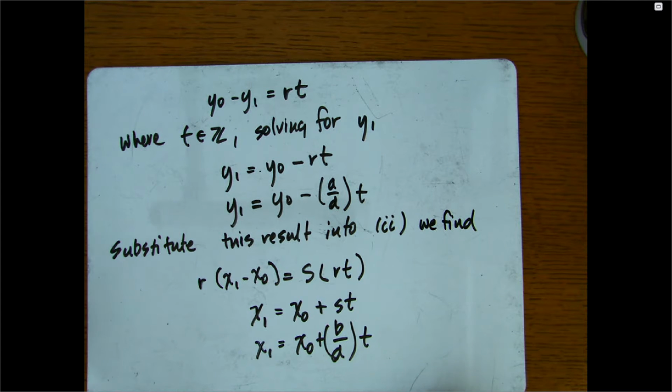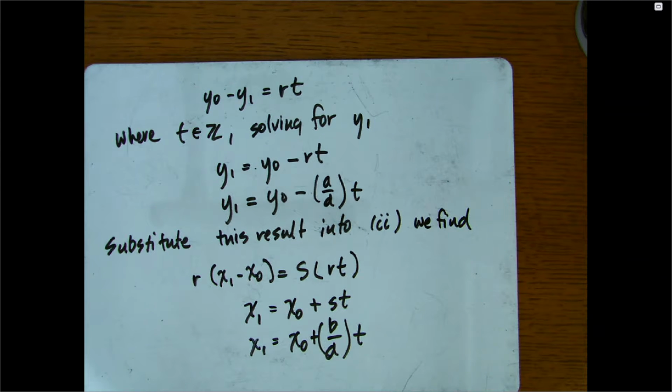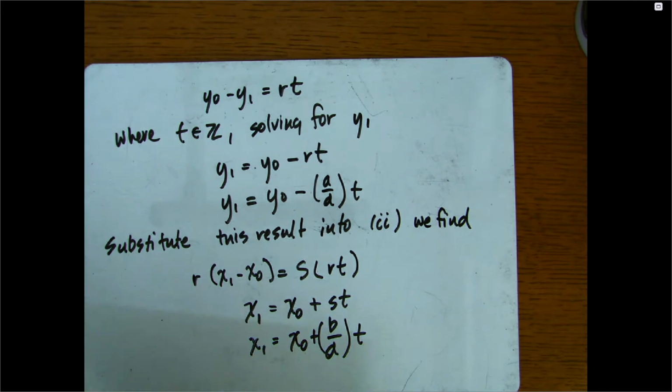So what that means is that these are the general results, if you're given a specific solution. And one way to show they satisfy ax plus by equals c is to plug them in.